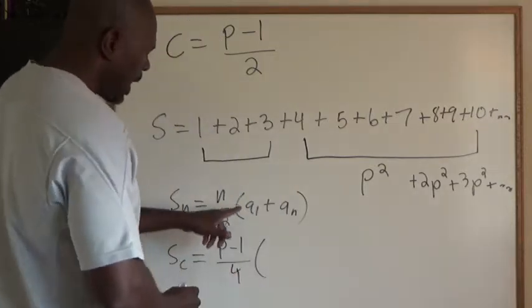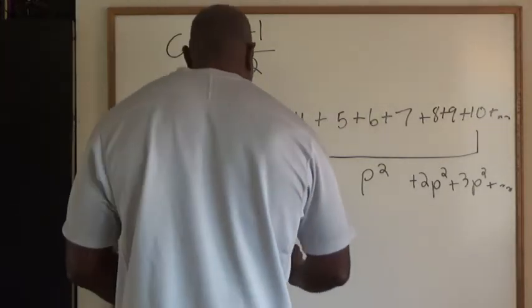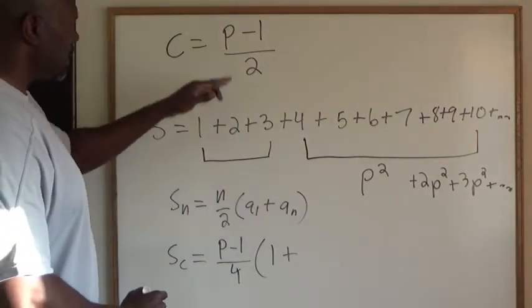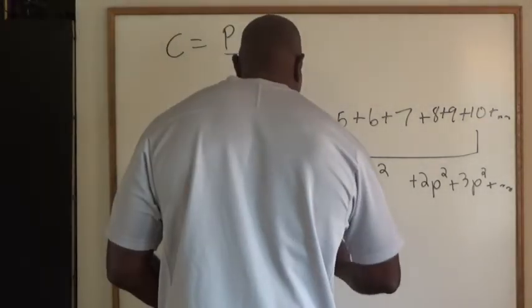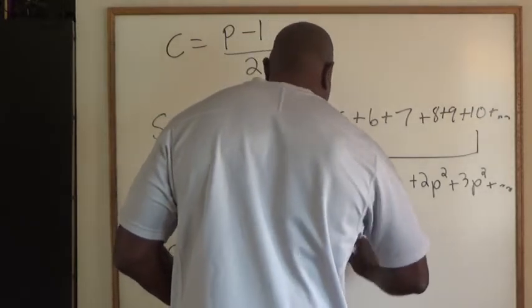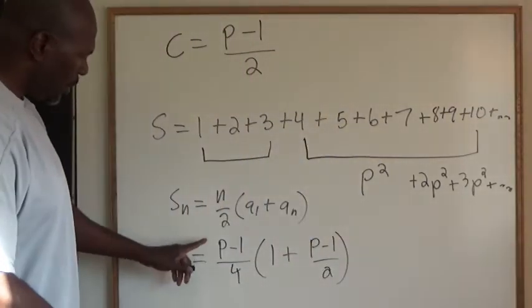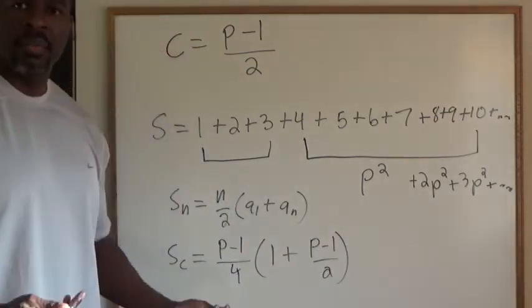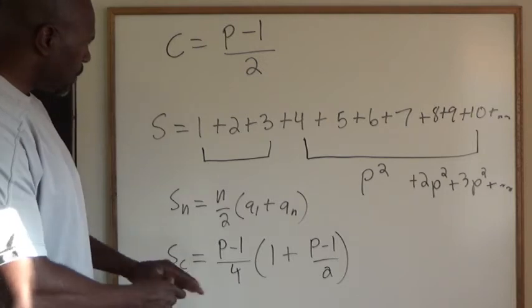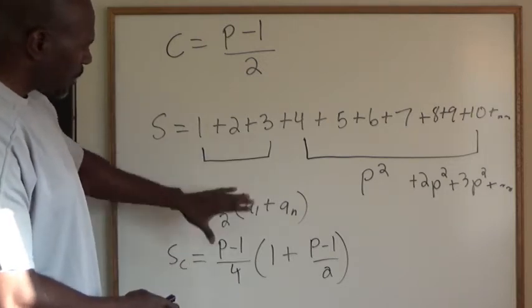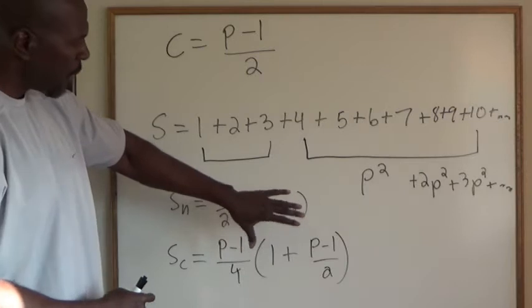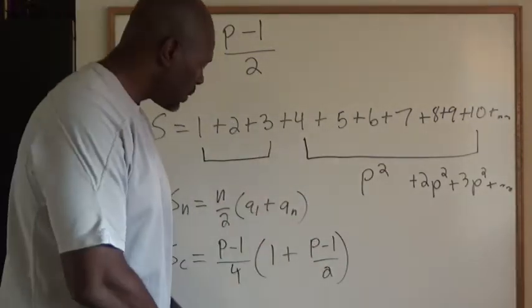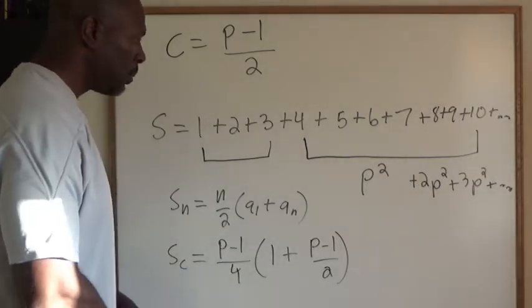And again, a1 for the cutoff numbers will always be 1, and an will always be c, so (p minus 1)/2. So this will give us the partial sum of the cutoff numbers, and this sum will always be followed by p squared plus 2p squared as follows. And of course, this is what S equals.